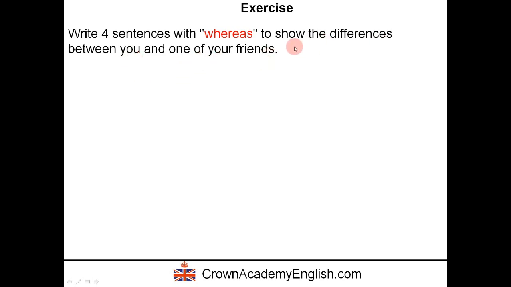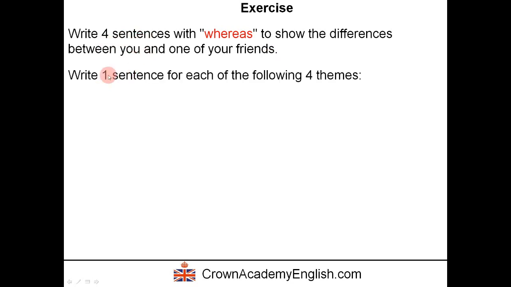Okay, so you're going to be showing the contrast between you and one of your friends. So 4 sentences. And I want you to write 1 sentence for each of the following 4 themes or subjects or topics.